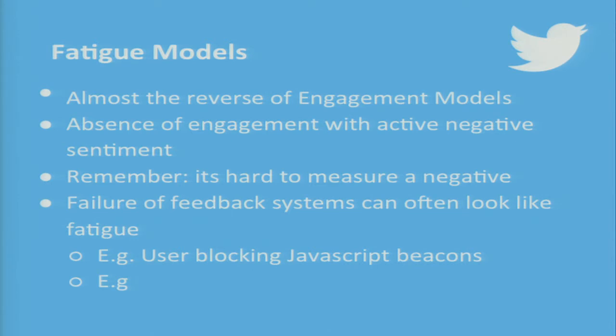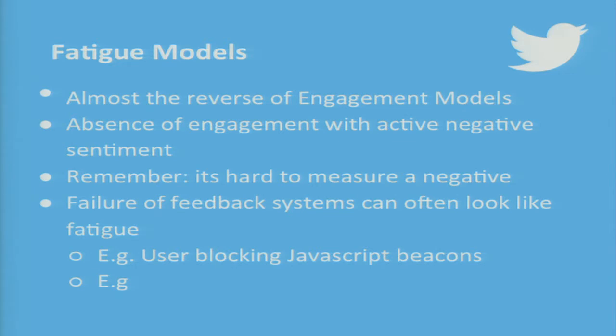One of the real gotchas with fatigue, just to mention, is that failures of your feedback systems can often look like fatigue in the numbers. So say you're measuring something with JavaScript beacons that you've put on all your web pages and using it to define goals. And then you have a set of users that have JavaScript beacons blocked.